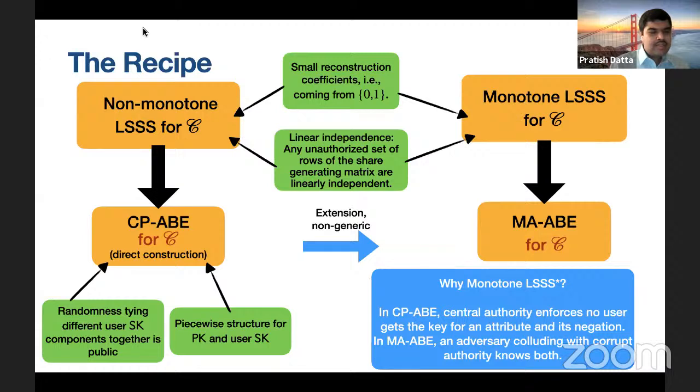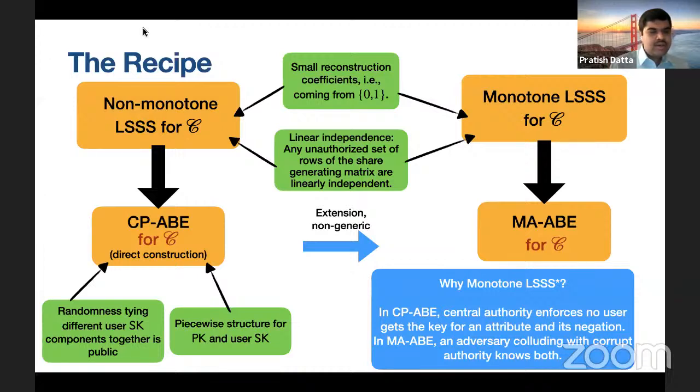So here I would like to mention one point. Basically our MAABE scheme supports access policies which are monotone LSSS with these two properties. And since currently we do not know any monotone LSSS beyond DNF access policies, our scheme currently can only support DNF access policies.